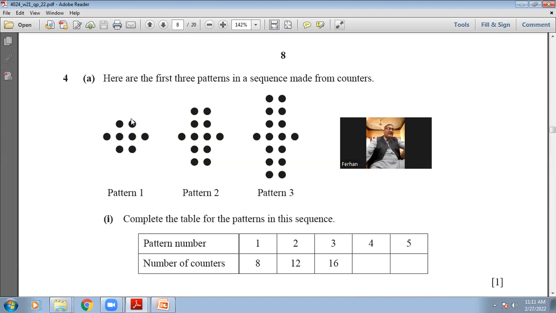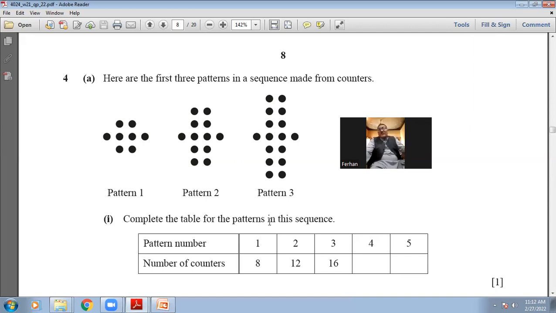Along this line, how many counters are there? 1, 2, 3. Now how many? 1, 2, 3, 4, 5. How many here? 1, 2, 3, 4, 5, 6, 7. In the next pattern you will have 9. 9 twos are 18, and 2 more, this will be 20. In the next pattern, there will be 11 dots like this. 11 twos are 22, 22 plus 2 is 24.